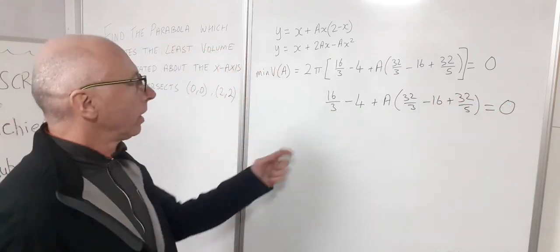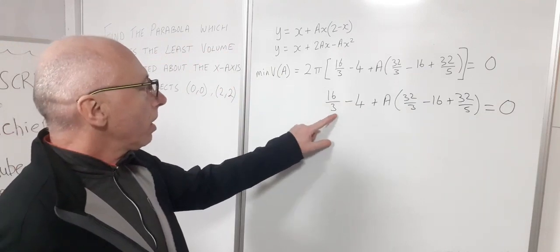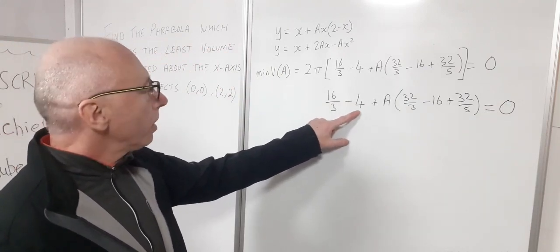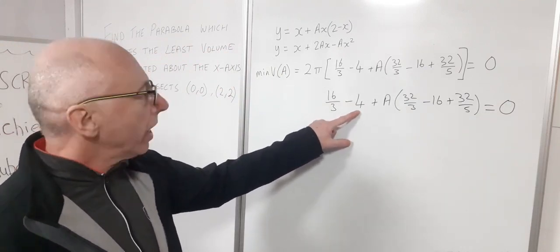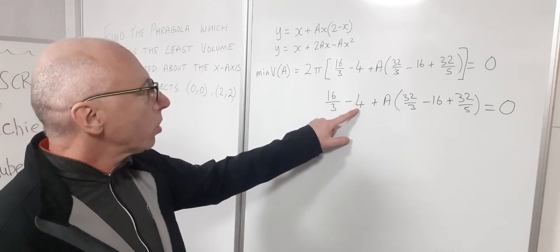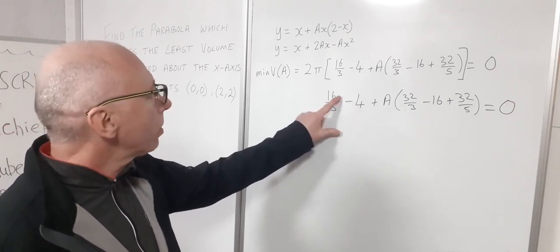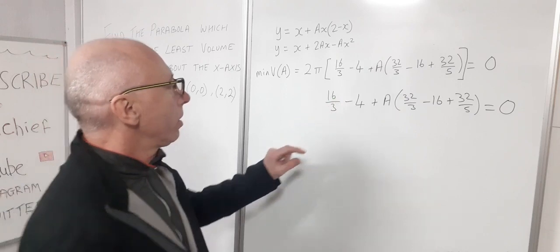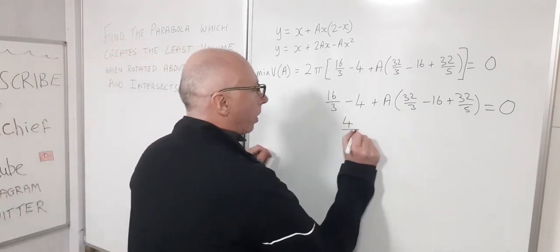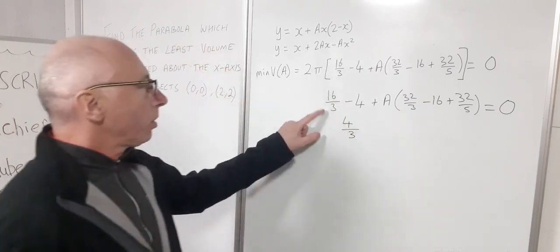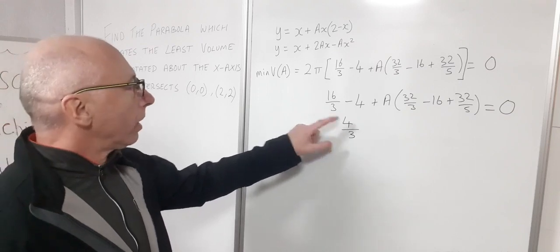Okay, right. So I've got two constants here, so let's make them in terms of something divided by 3. Well, 4 is the same as 12 over 3. So 16 minus 12 is 4. So here I've just got 4 over 3.